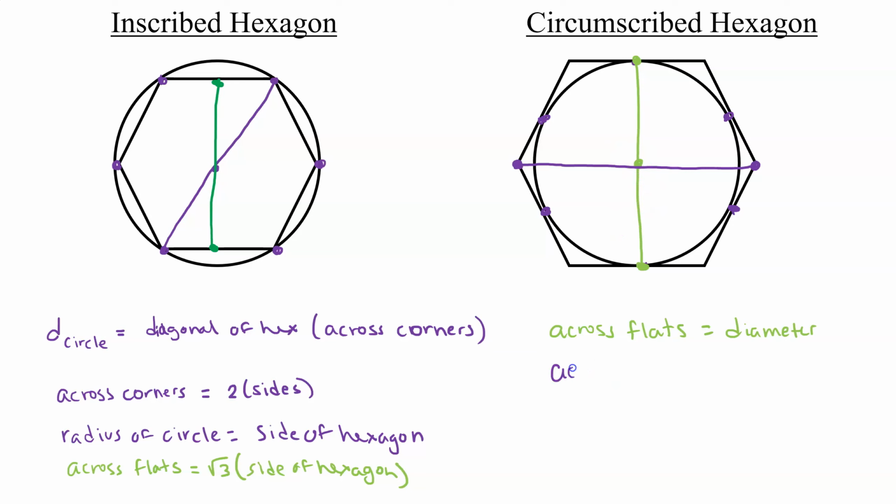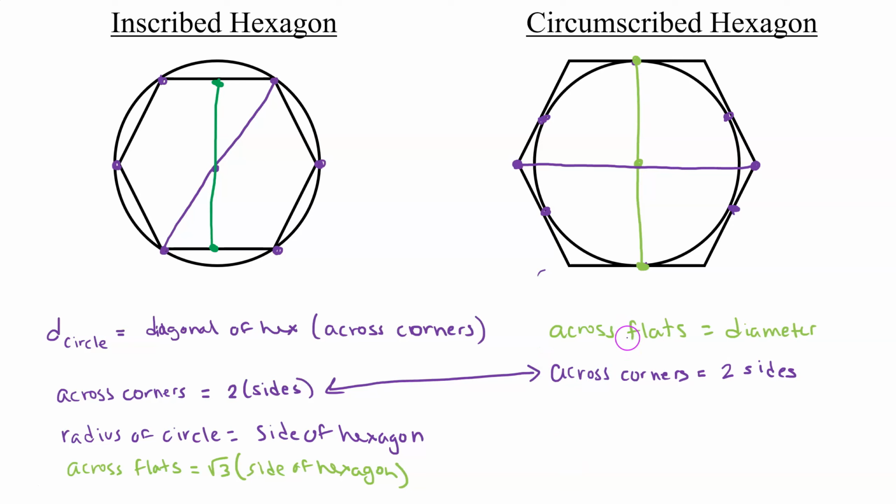So across corners is equal to, and actually this is another one where it's really just a relationship within the hexagon itself, but it's useful. Across corners is 2 of the sides. And actually we have that same relationship over here because it's just related to the hexagon. It doesn't take into account how it's related to the circle.